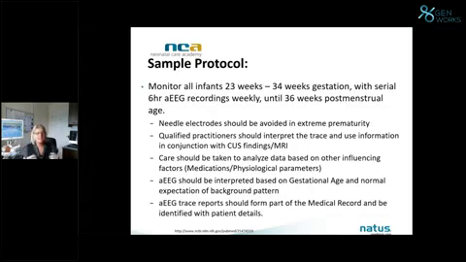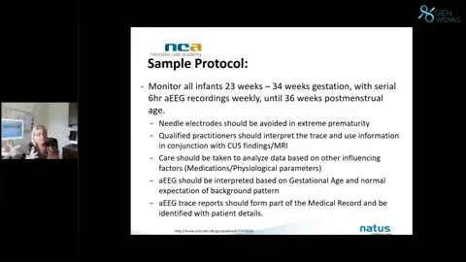Obviously, qualified practitioners need to interpret the trace and use the information in conjunction with the cranial ultrasound scans and the MRI findings. We never use AEEG alone. It's part of our toolkit. It's something that we use as an adjunct to our clinical examinations and our scans.